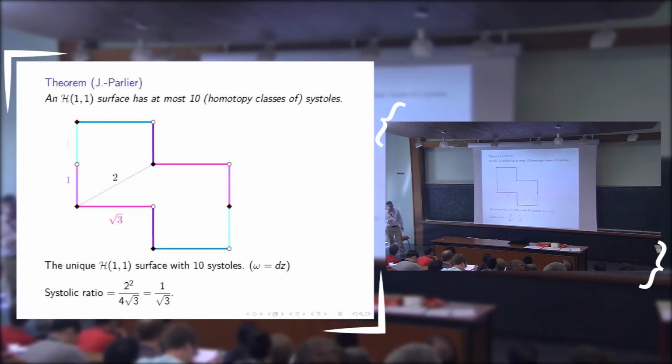Here we have 2 different surfaces. The systolic ratio here is 1 over the square root of 3. By the way, this is also a square tiled surface. Well, it looks like a rectangular tiled surface. So it's very different than the other surface.